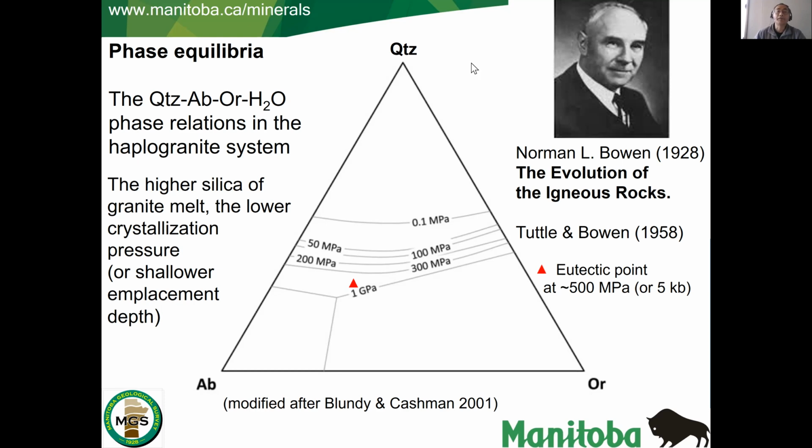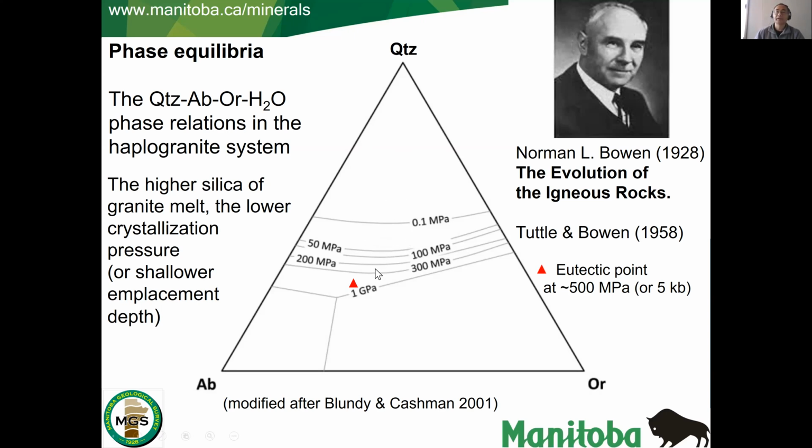This is the phase diagram, a projection from the water apex to the quartz-albite-orthoclase base. At different pressures, you can see quartz crystallizing with one feldspar.